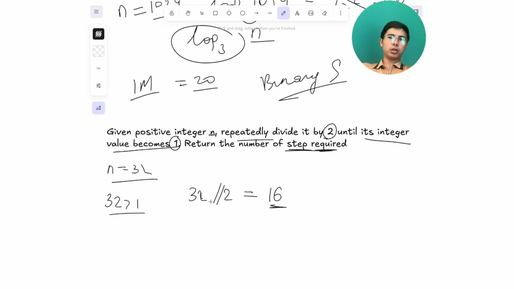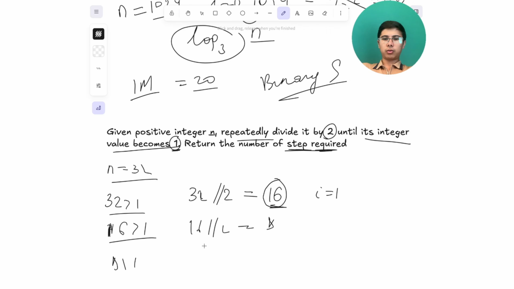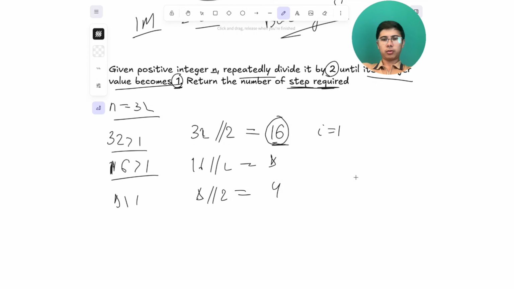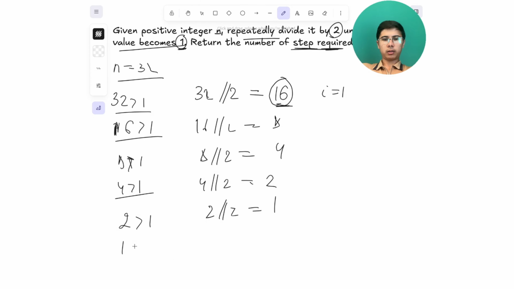16, yes. And we need to keep continuing repeatedly until the integer value becomes 1. This is the first iteration. After that, we take the remaining part. 16 is also greater than 1, 16 divided by 2 is 8, and 8 is also greater than 1, and 8 divided by 2 is 4, and 4 is also greater than 1, 4 divided by 2 is 2, and 2 is also greater than 1, 2 divided by 2 is 1, and the last part, we can just stop.